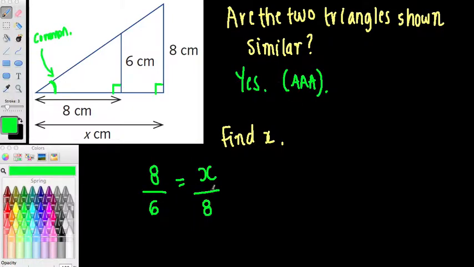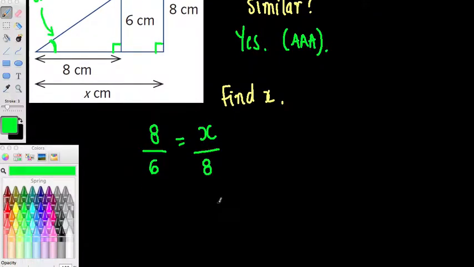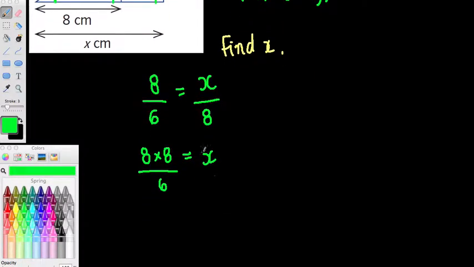Now what we need to do is solve here for x. So what I would do here is multiply both sides by 8. See how x is being divided by 8? Let's multiply both sides by 8. Next step. Do 8 times 8.